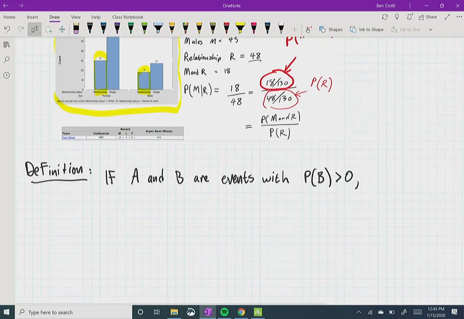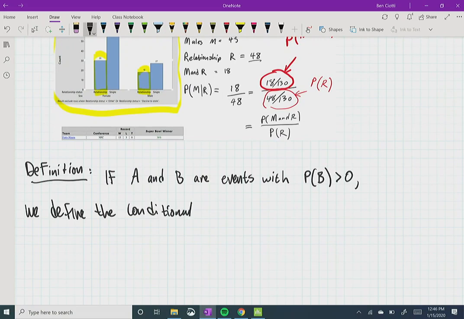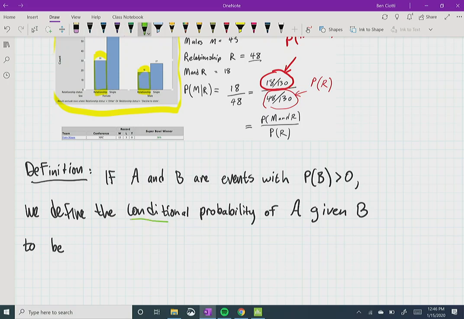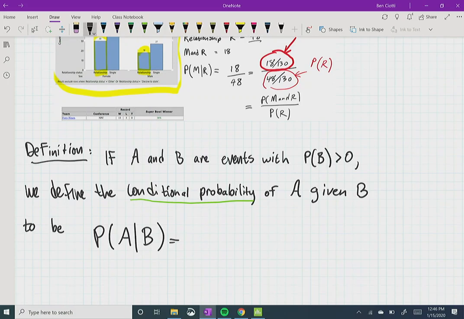But if B has positive probability, then we define the conditional probability of A given B to be P of A, and we write a bar, that means conditional probability, and the formula is probability of A and B divided by the probability of B.